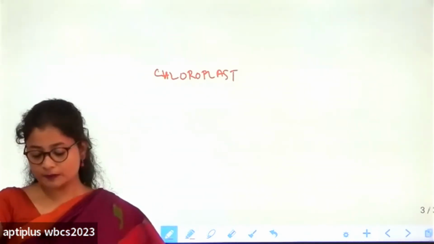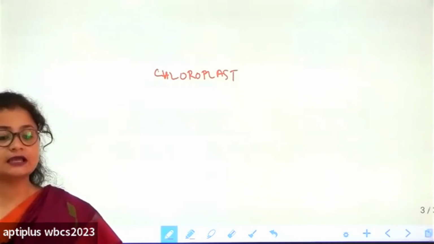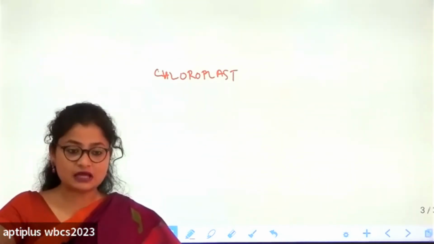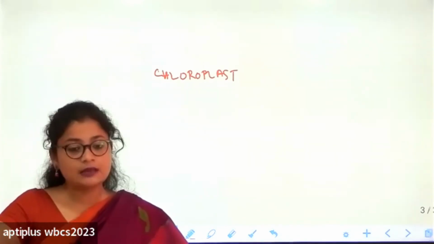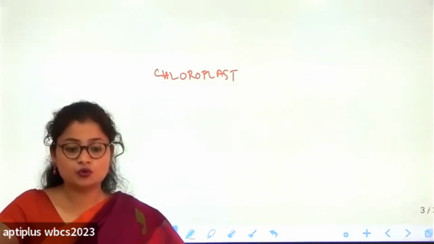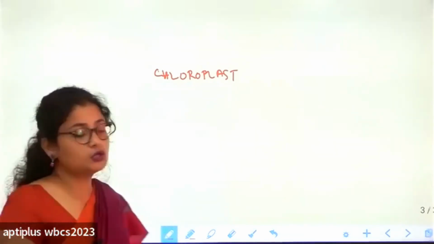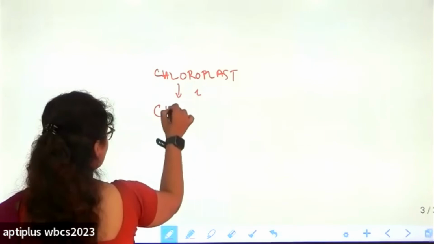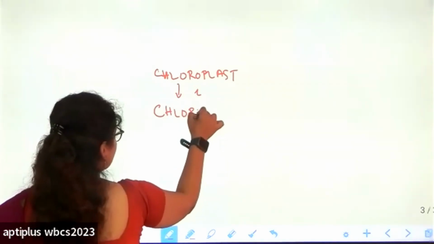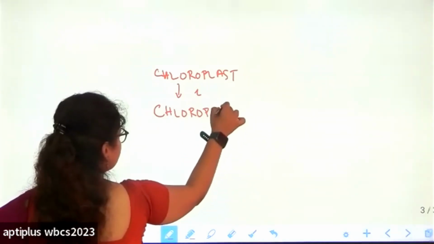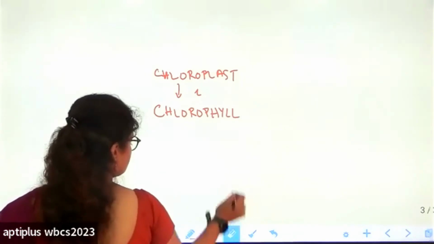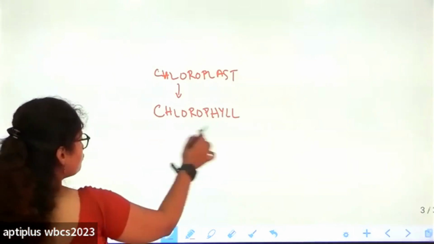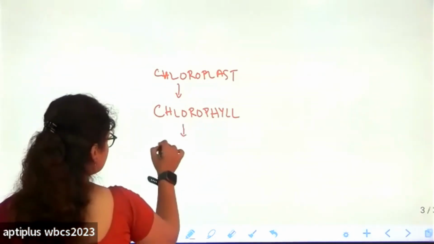Okay, so chloroplast is actually the site of photosynthesis, and hence it will only be present in the plants, obviously the green plants, because the green plants will be producing chlorophyll, which will be present inside the chloroplast. Okay, so inside the chloroplast we will have the chlorophyll, which is a very important green colored pigment, absolutely necessary for photosynthesis. And this chlorophyll will actually be present inside the thylakoids.